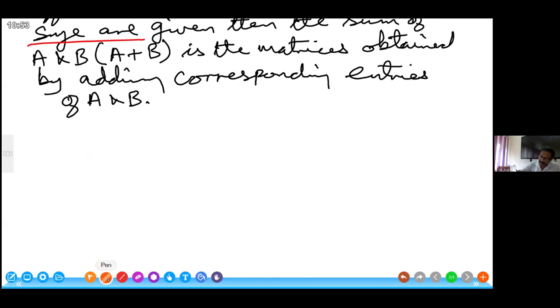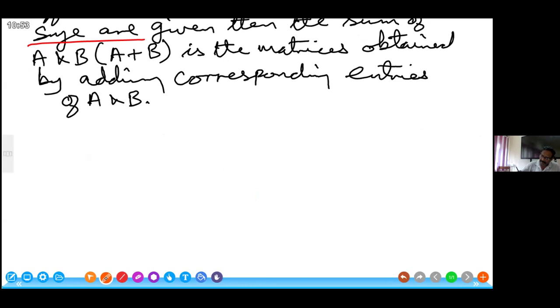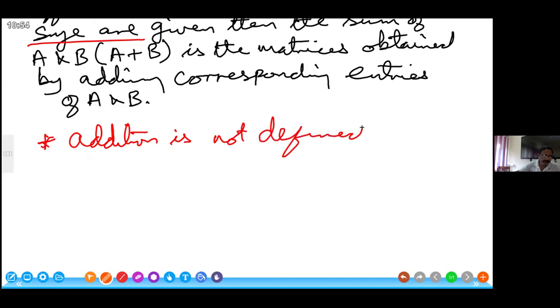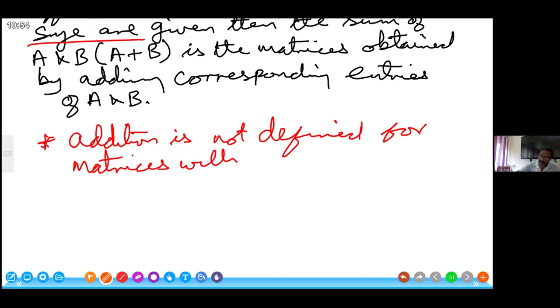Addition is not defined for matrices with different sizes.